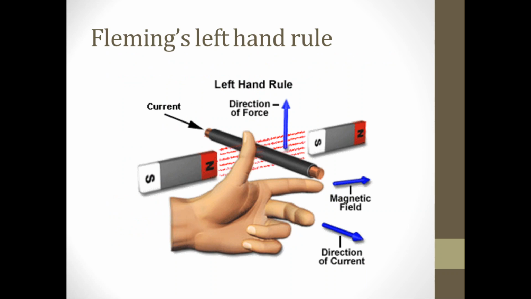The relationship between the force, the current, and the magnetic field is given by the left-hand rule as proposed by Fleming. The thumb represents the direction of the force, the pointing finger represents the magnetic field, and the middle finger represents the direction of the current.